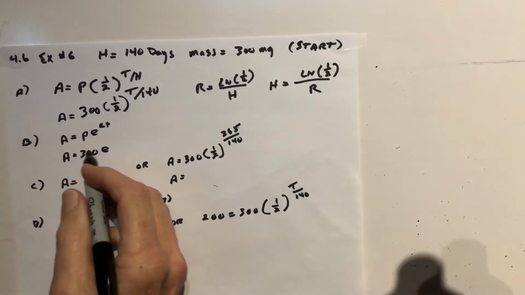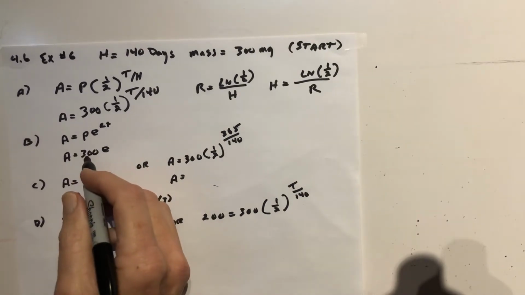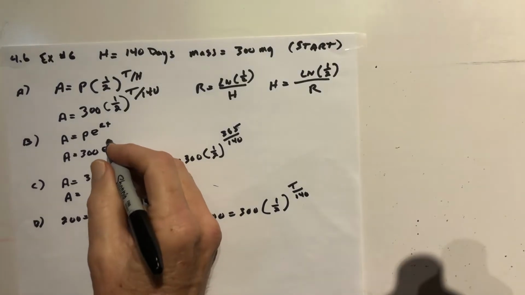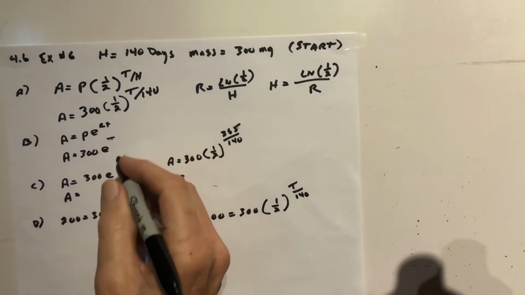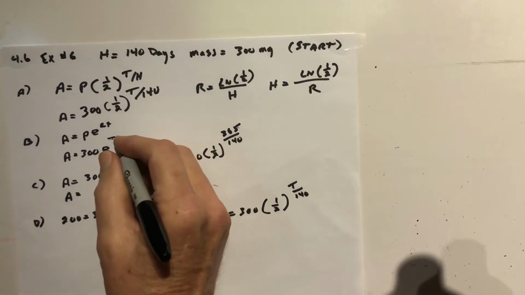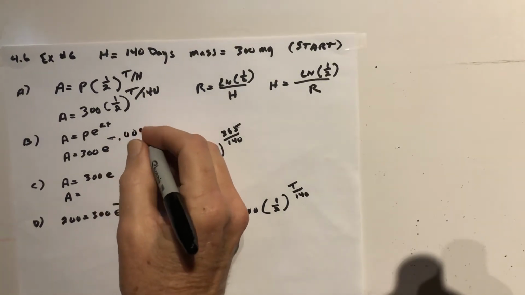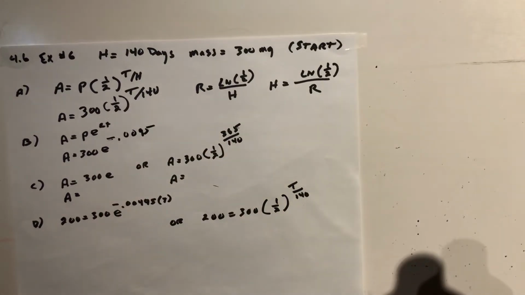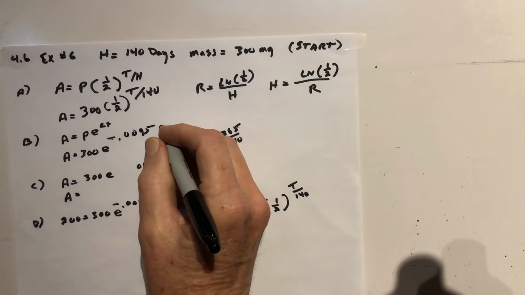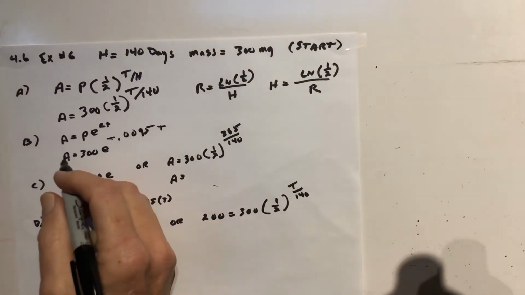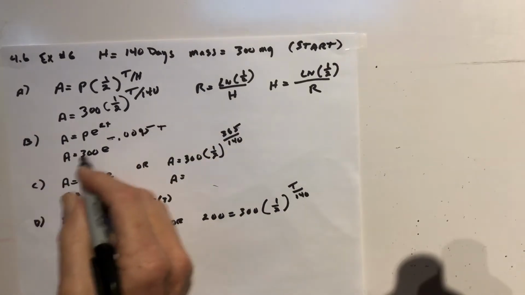The second formula, which is PERT, would be starting with 300, e, and the rate on your calculator should be negative 0.0095. And then time goes right here, P-E-R-T. This is the answer to part B.